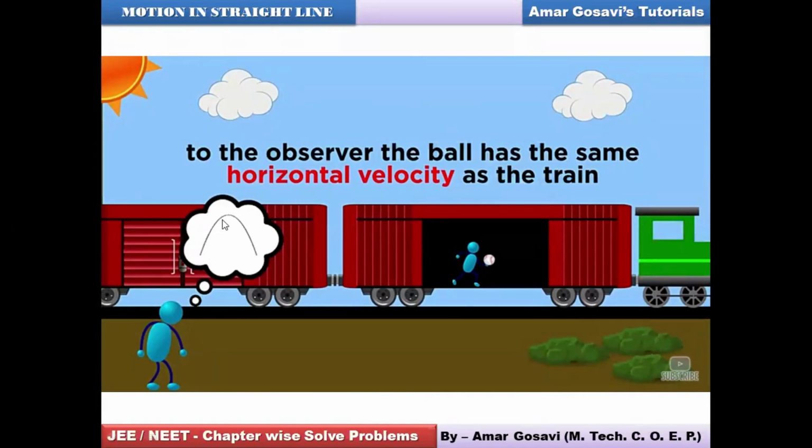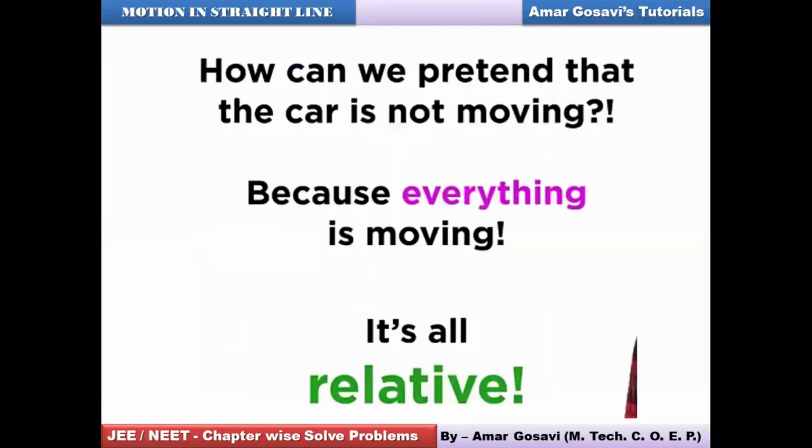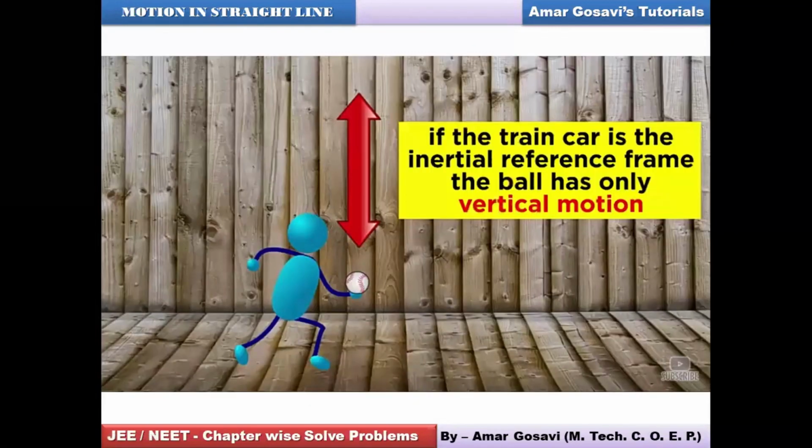The motion will be somewhat like this in a parabolic nature. We will study this type of motion in the later stages. But what I was trying to tell you is, if the person is in the train wagon or train car, only vertical motion would be realized by him for the ball. Please make a note of it. These are picture slides, but they are self-explanatory at times. Once you are done with it, let me know. We move ahead then.